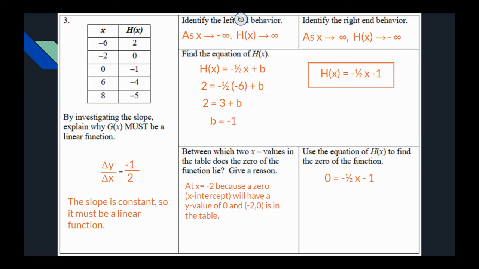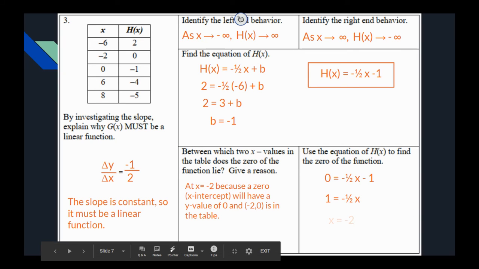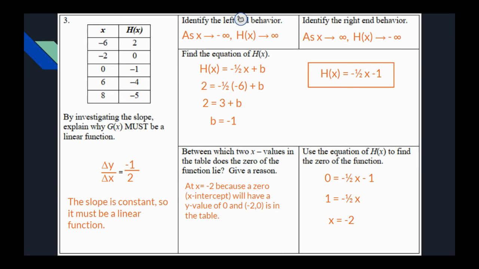So it says between which two x values in the table does the 0 of the function lie? Well, in the table it tells you exactly what your 0 or your x-intercept is at -2, because a 0 will have a y value of 0, and that's (-2, 0) in the table. So if you showed that algebraically, you would set it equal to 0 and solve for x.